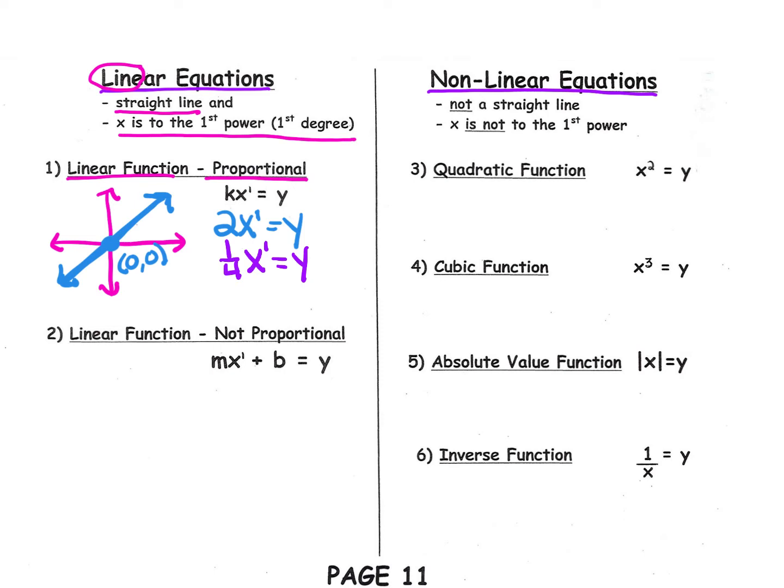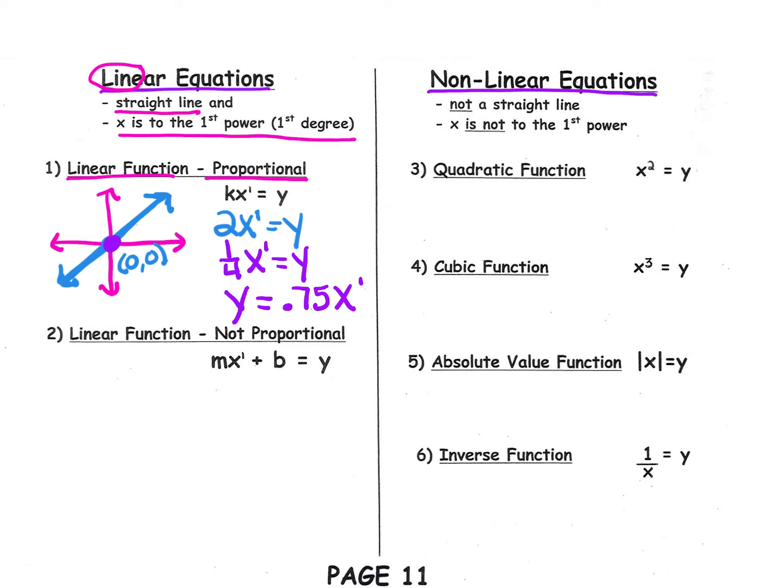Or even a decimal, such as this. Y equals 0.75, a decimal coefficient, times x to the first power. No matter how it's written, we know that that's a proportional linear equation, which will pass through the origin.